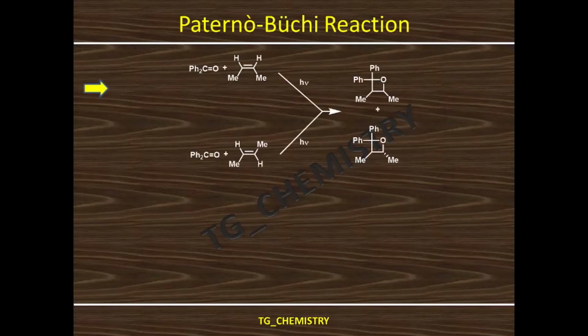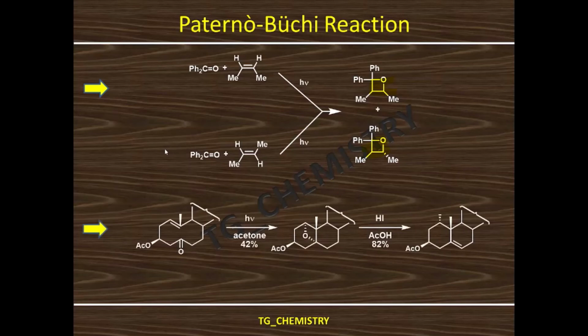For example, here you can see that a benzophenone molecule, when it reacts with cis and trans olefins under photo-irradiation, can produce the oxetane ring structure, and a mixture of cis and trans oxetane ring structures depending on the cis and trans substrates. Another example is with a cyclic system.